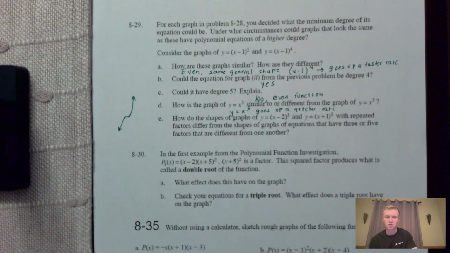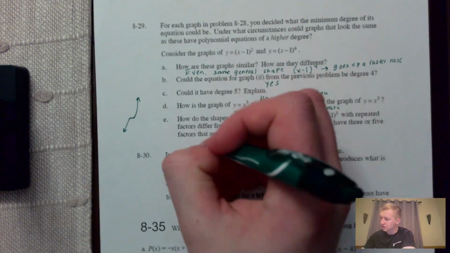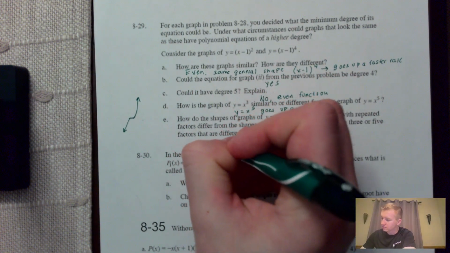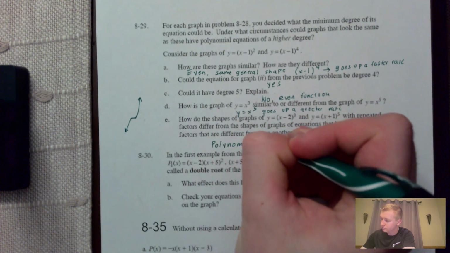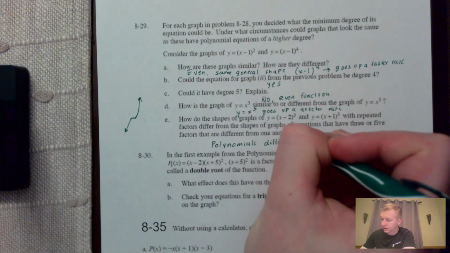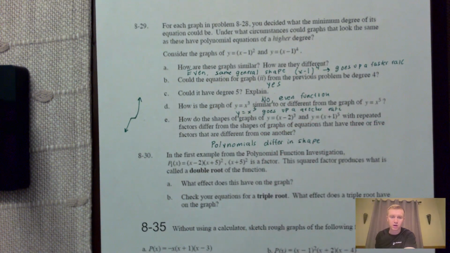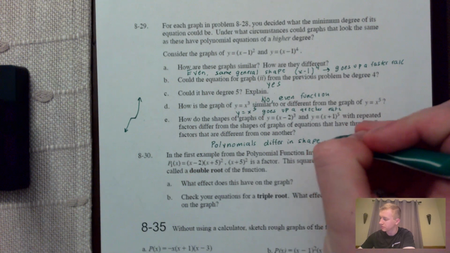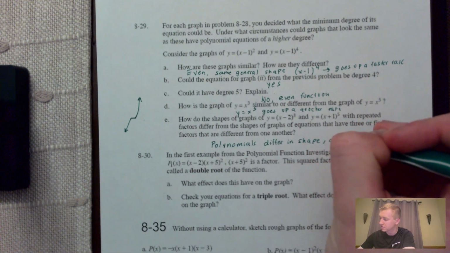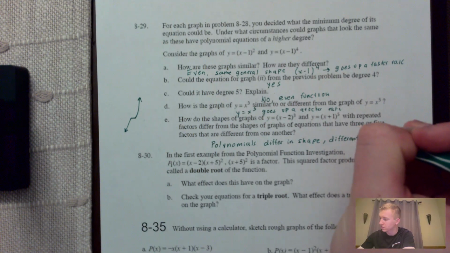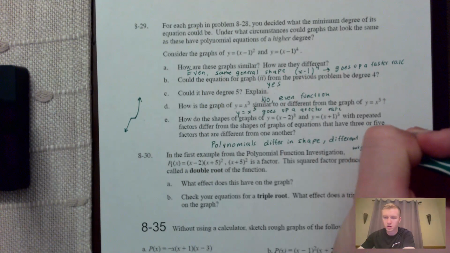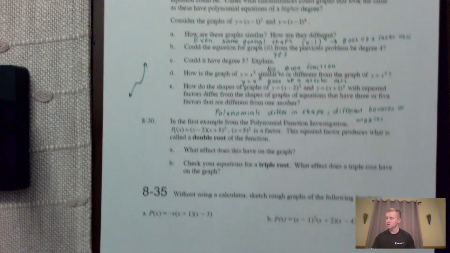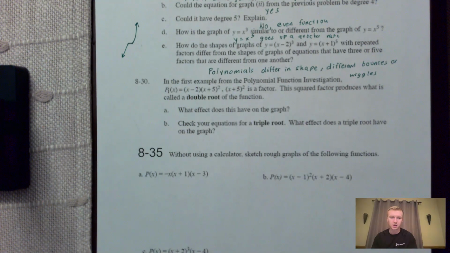Polynomials all have different shapes. As you go along, they'll have different bounces or wiggles, that's what we use. And these determine our triple and double roots. We've talked about those a couple of times now.